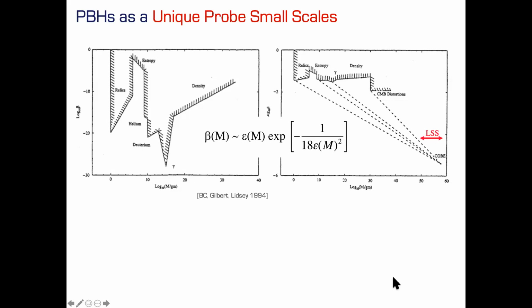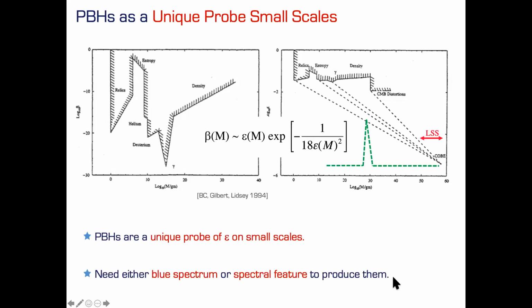Then I mentioned that what we need is either a blue spectrum, by which is meant one which increases as the scale decreases. So you go back in time and bring it up to a large value in order to get enough primordial black holes, or you need some sort of feature in the power spectrum, in this spectrum of fluctuations, that has a peak. So, yes.